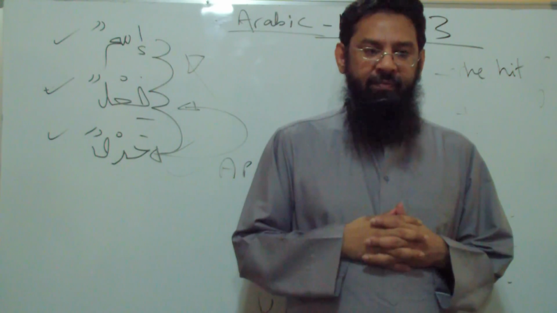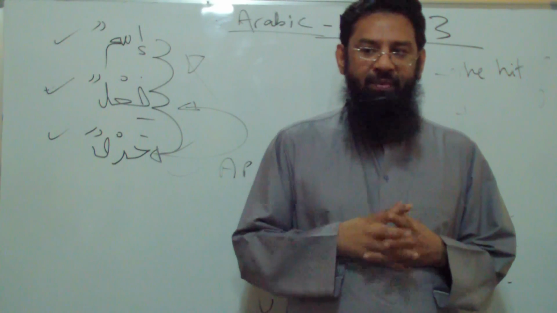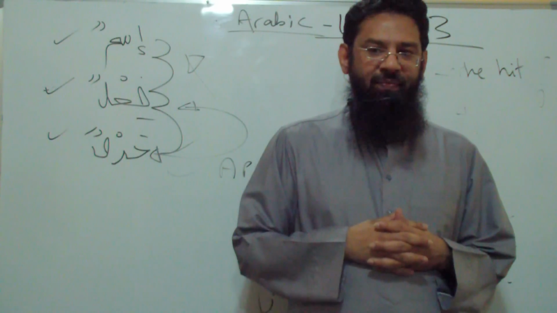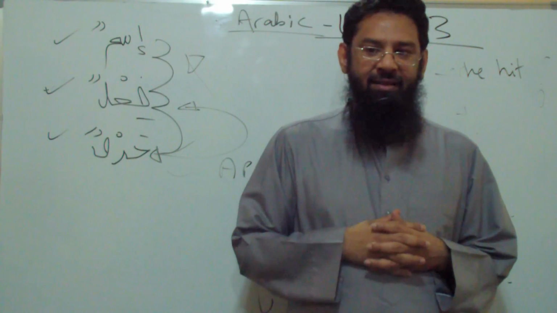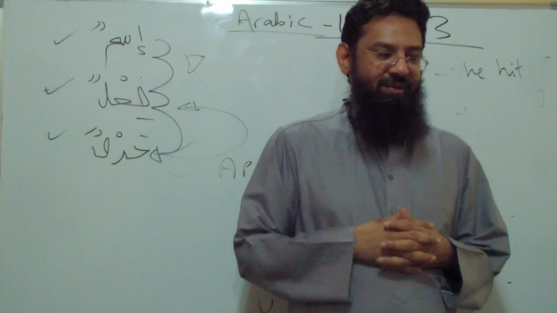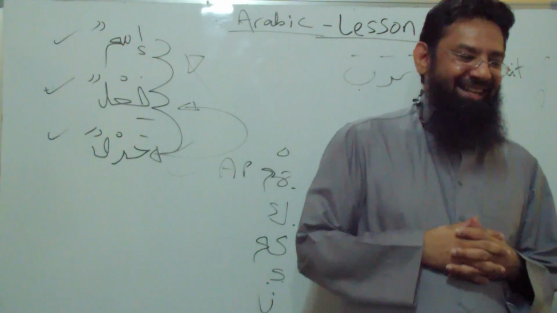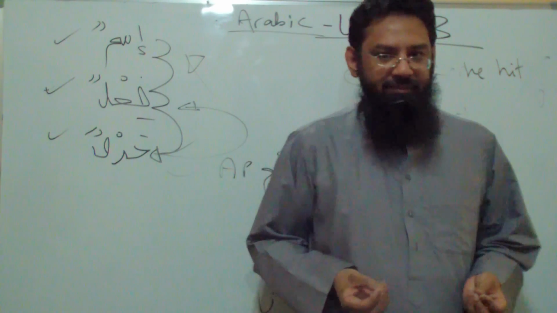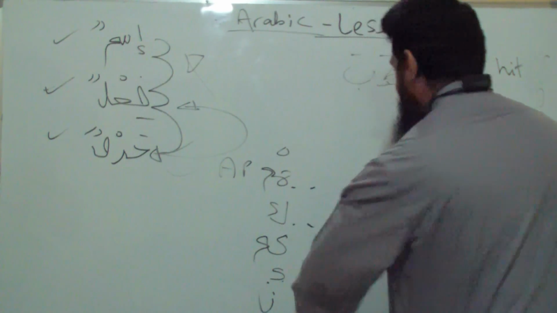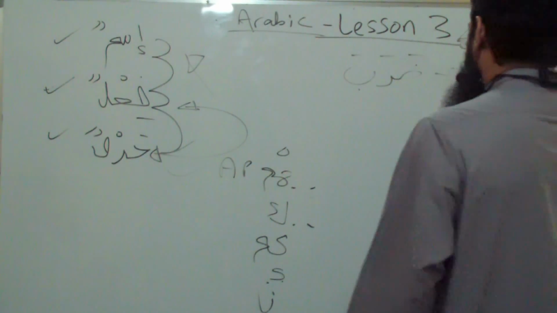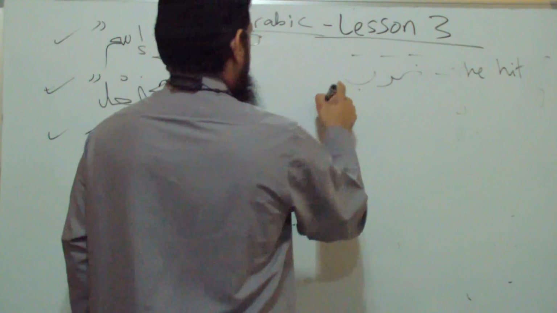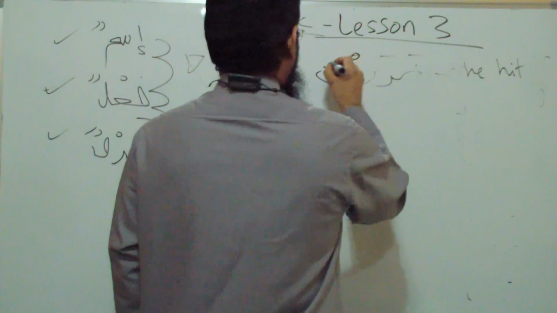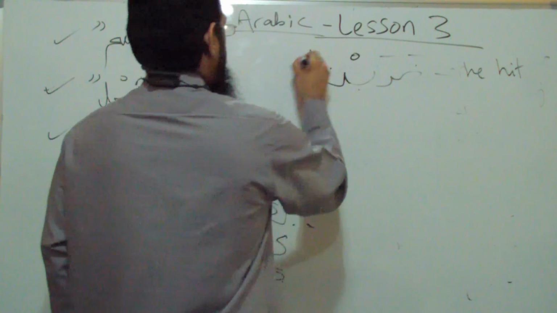If I want to say, I hit him. Rashida? Darabahu. Nope. Darabani. Nope. Sadia? Darabaka. Nope. Darabna. Go on, Arif. Darabna. Nope. Darabtuhu. Yeah? So you got the darab, tu, and then who?